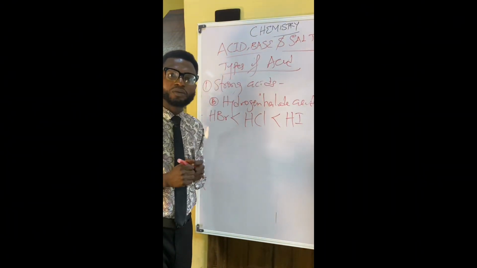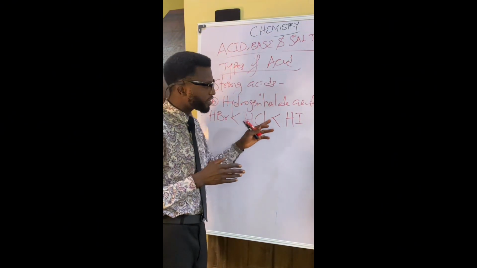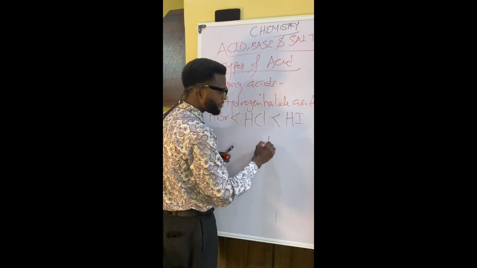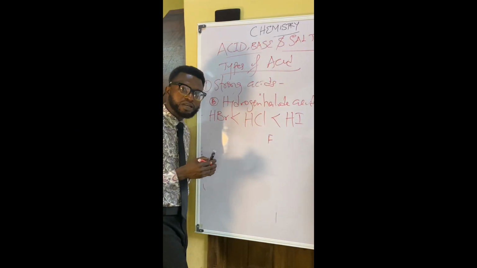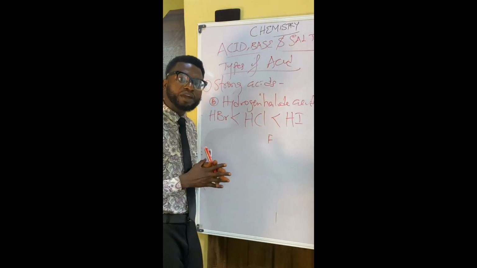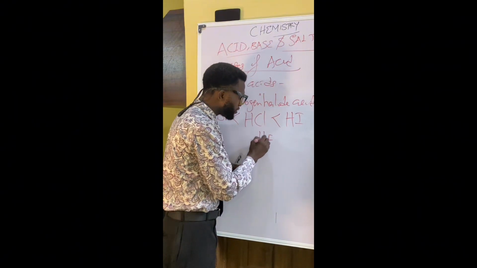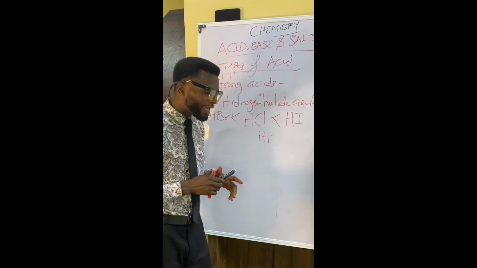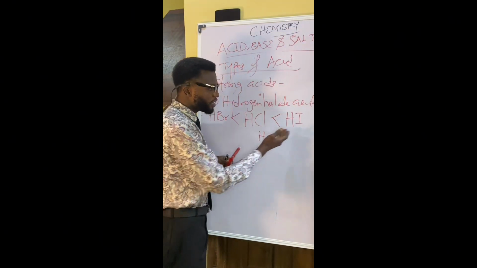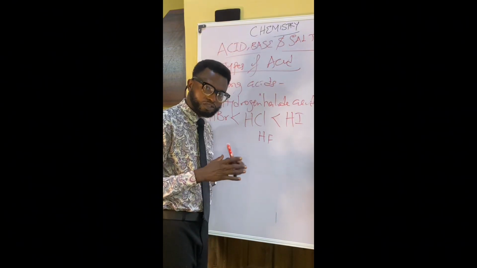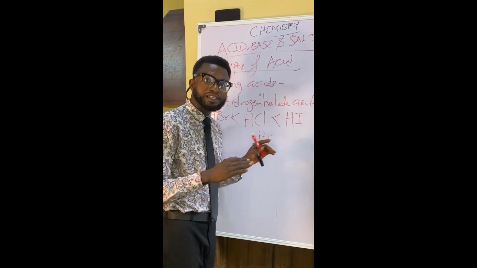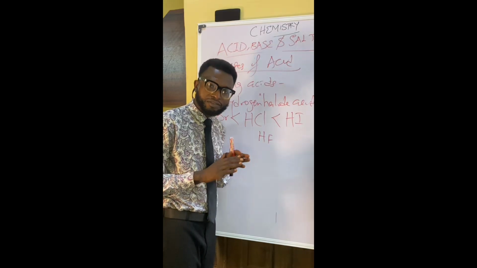You might be wondering, why is HF not the strongest hydrogen halide acid? The reason is because fluorine, having a smaller atomic size, will strongly bond to the hydrogen atom, and that will render hydrogen fluoride acid incapable of releasing hydrogen ion in aqueous solution. Why is hydrogen iodide the strongest hydrogen halide acid, despite the fact that iodine is the least electronegative halogen?